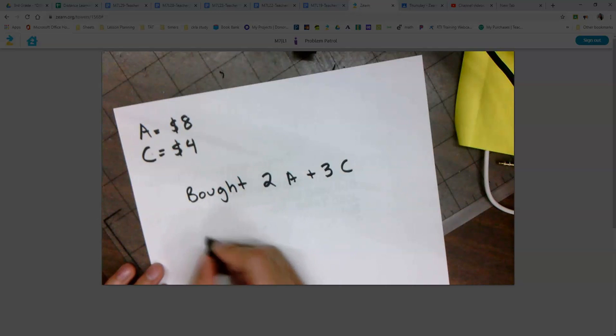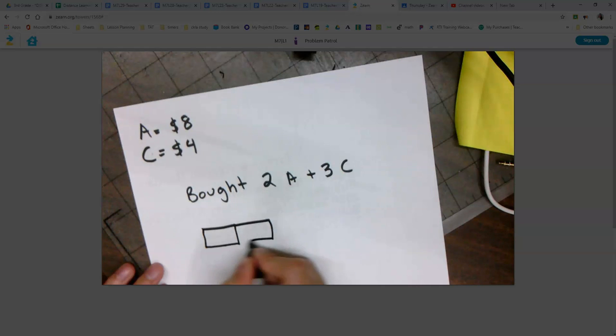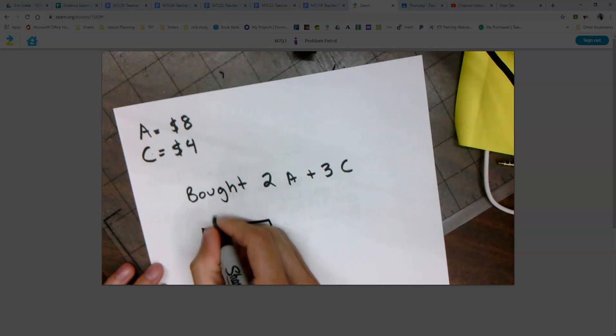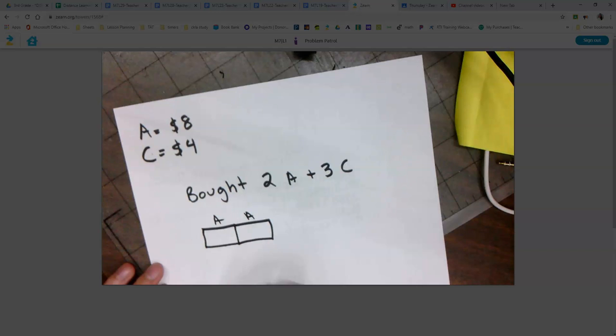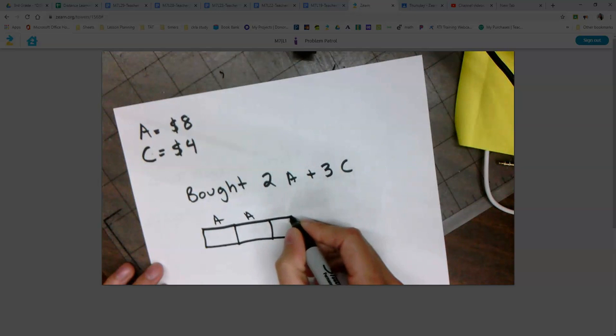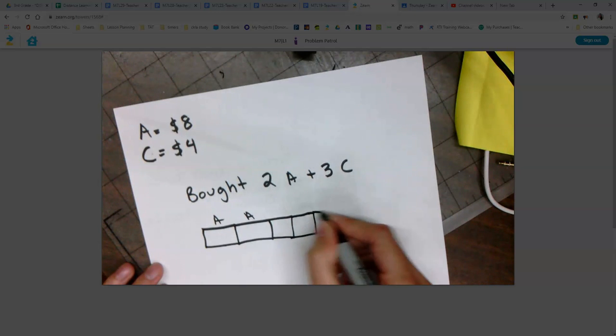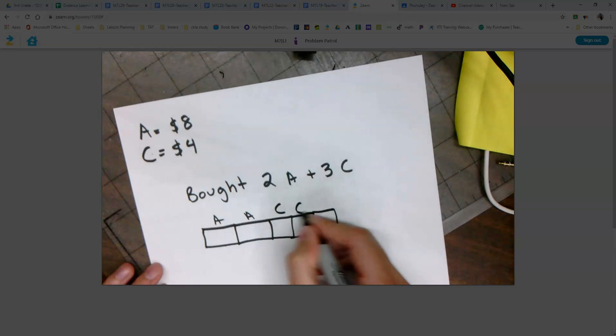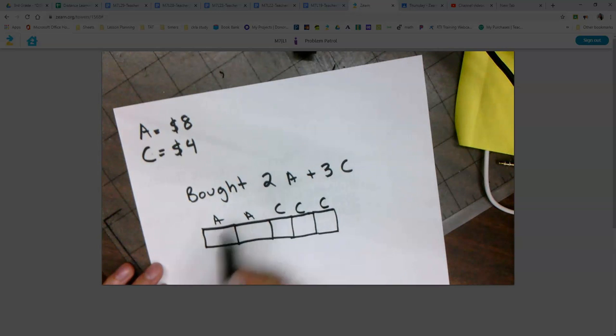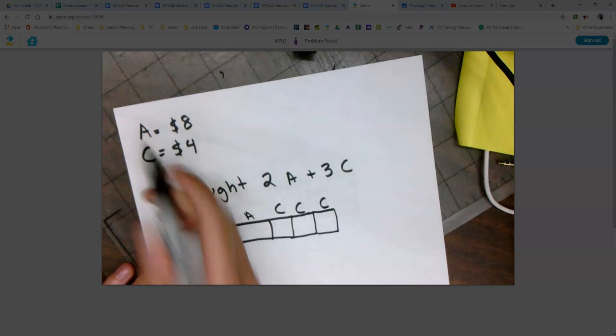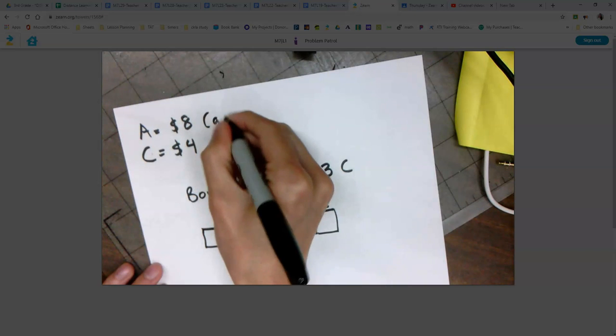We can say this is 2 adult tickets. We'll just say this is adult, and then 3 children's tickets. And I'm going to make them about half the size because 4 is half of 8. And here's the 3 children's. See, I'm using the letter A to represent the different tickets.